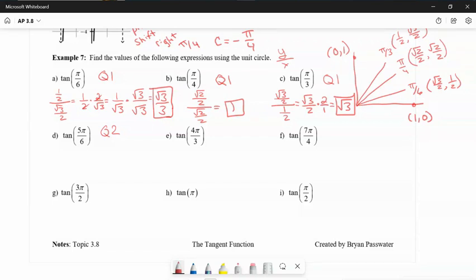So now I'm going to go to my pi over 6 and think through. My y value is 1/2, and that's going to be over my x value, which is negative square root of 3 over 2. So that is equal to 1/2 times negative 2, over square root of 3.